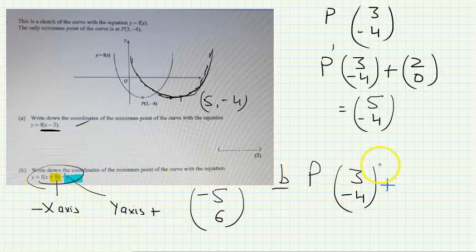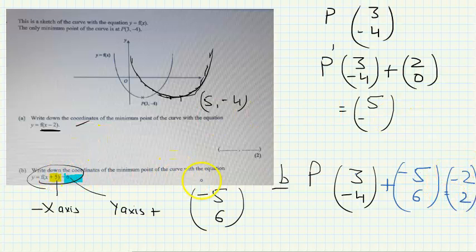This is plus 5, so we are going to write minus 5, and this is plus 6, so we are going to write 6. So 3 minus 5 is minus 2, minus 4 plus 6 is 2. So the coordinate is minus 2 and 2.